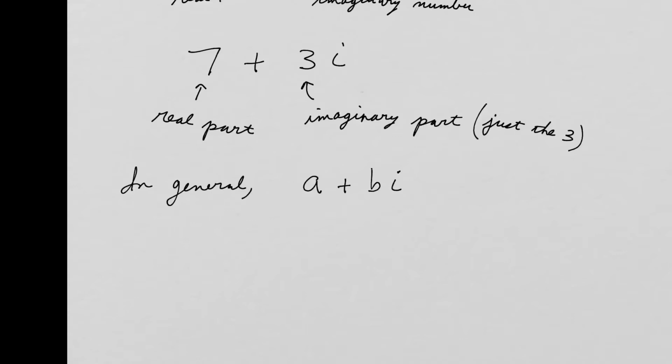Okay, so let's do one example here. Let's say I want to express -5 plus the square root of -144 as a complex number.